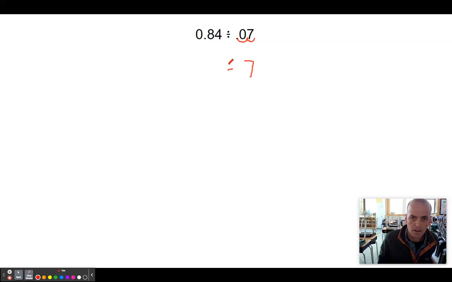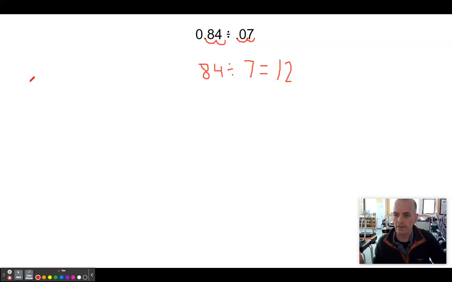All right? But what's done to one must be done to both. Okay? So 0.84, if we moved it 2 places here, we're moving it 2 places here. So we turn it into 84 divided by 7. Then 84 divided by 7 is 12. And that means 84 hundredths divided by 7 hundredths is also 12.